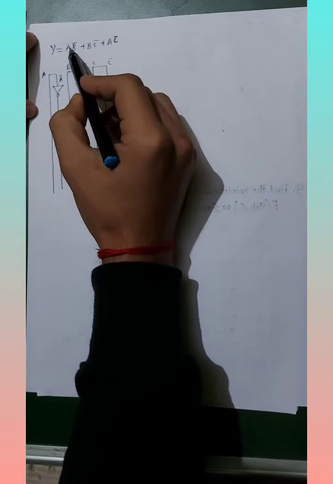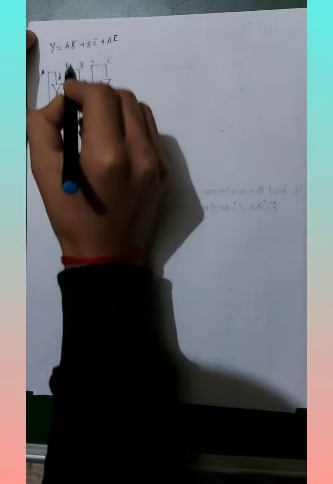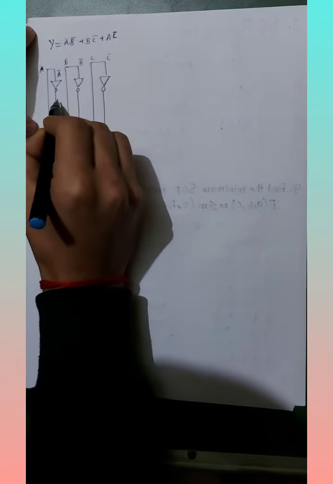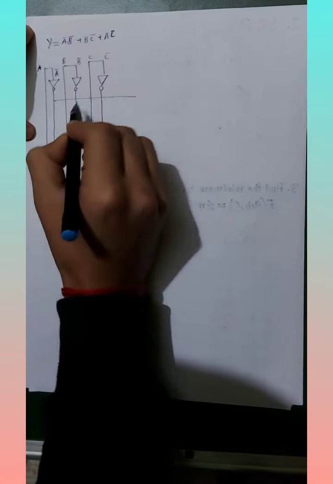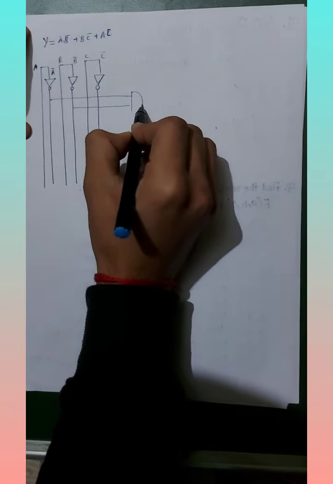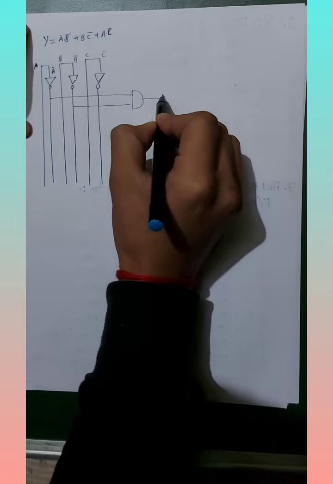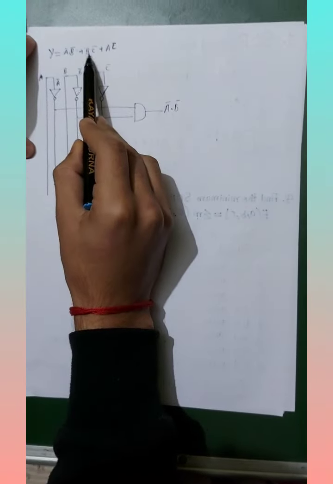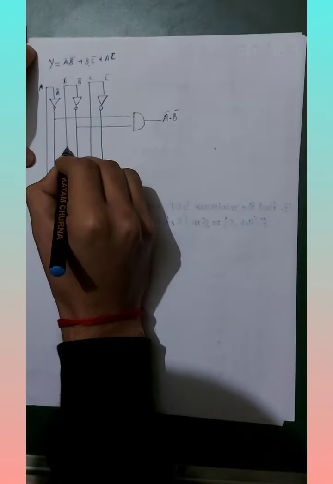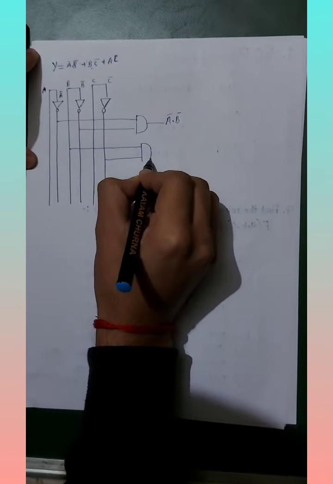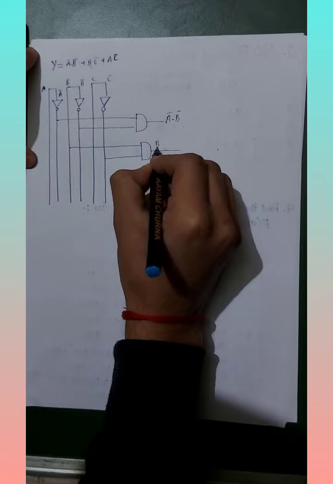So this is a, this is a bar, this is b, this is b bar, c and c bar. Now first see, this is a bar and b bar, and this is dot, so we use an AND gate. So a bar and b bar, then we use an AND gate to produce the output a bar dot b bar. Now see b dot c bar. So similarly b and c bar, then an AND gate, so the output is b c bar.